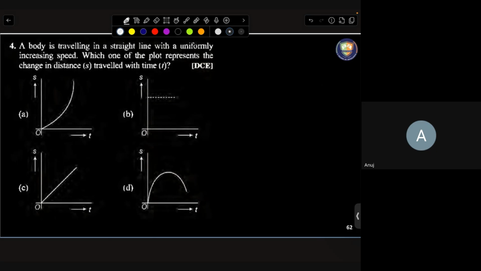A. Okay. Yeah, the answer should be A only, because it is a relation of S and T, and we know one relation which is ut plus half at square. Let's assume that the initial velocity u is 0, so S is half at square.